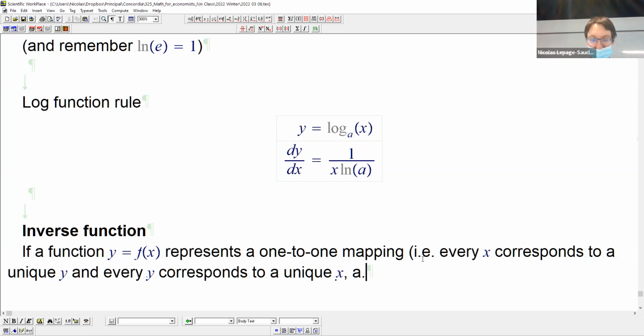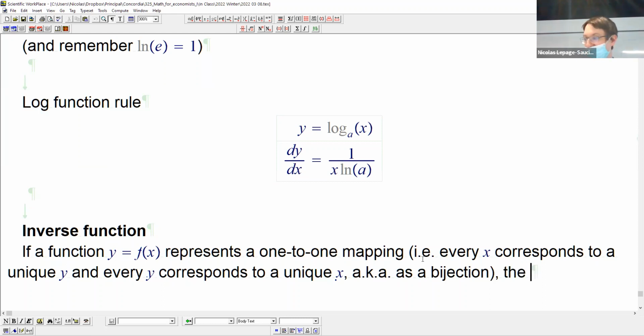Also known as a bijection. Again, I'm not the kind of person to ask you vocabulary questions at the exam, but it's always good to know these things.